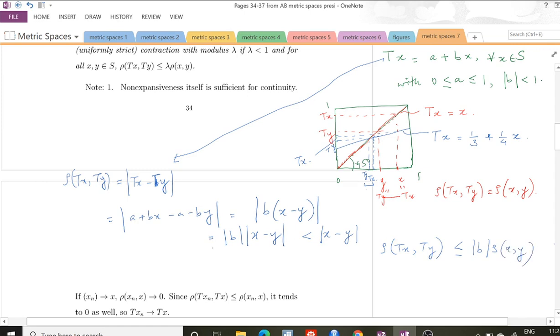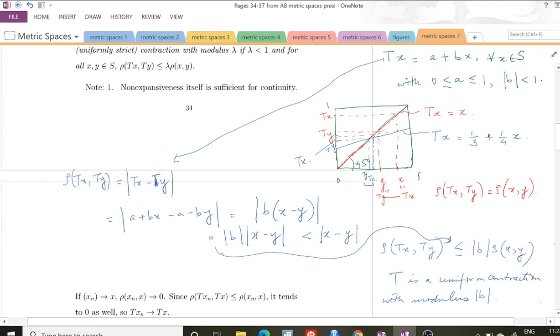So because it's equal to, we can put it this way, and so we can say that T is a uniform contraction with modulus absolute value of b.